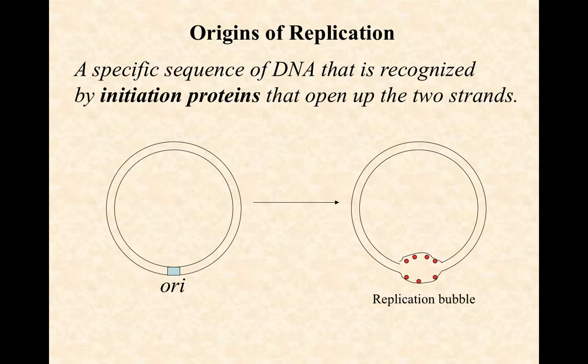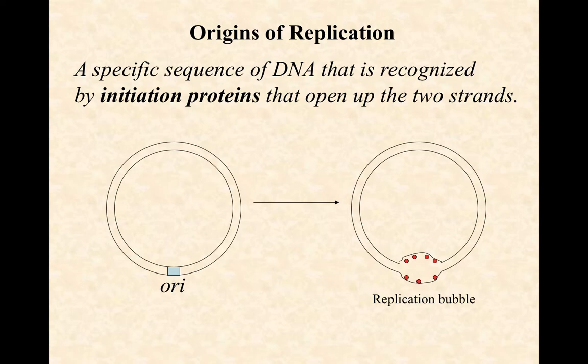So this origin of replication, usually designated ORI, O-R-I, is a very short sequence, maybe half a dozen to a dozen base pairs, that is recognized and bound by a set of proteins called replication initiation proteins.